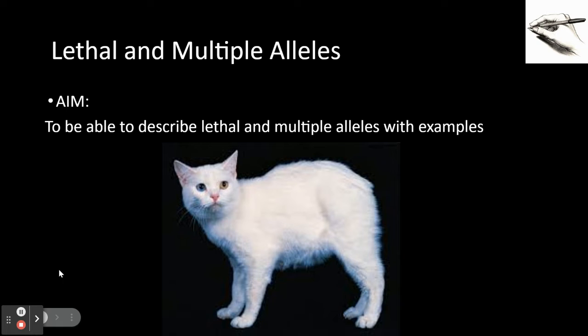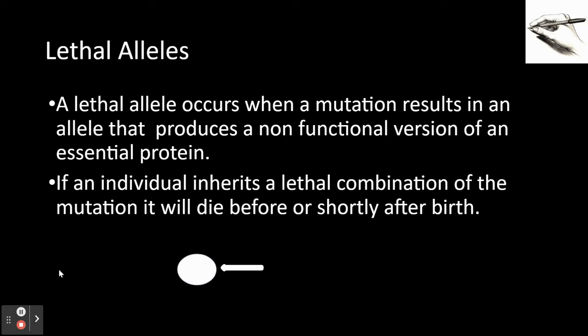Kia ora. To follow on with the unusual crosses that we have to learn about is to do with lethal and multiple alleles. So a lethal allele is when we describe a mutation that has occurred that results in a non-functional version of an essential protein being formed. And it's classified as lethal if they've inherited two of these.